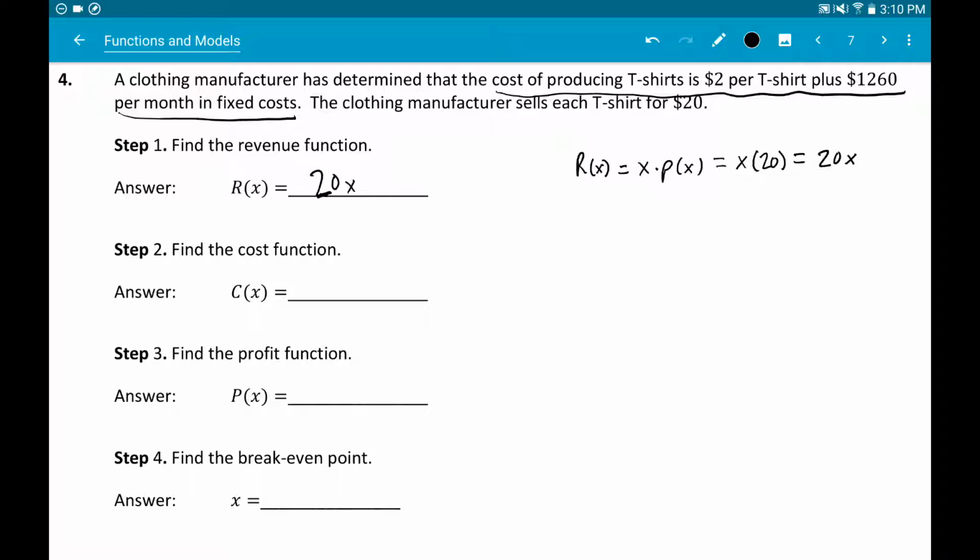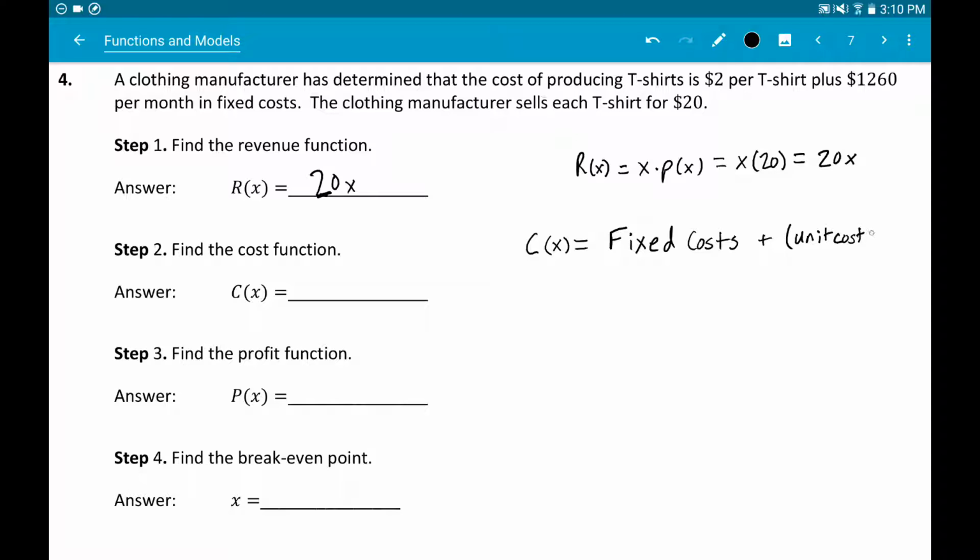All right, so to create the overall cost function, I'm going to give you a generic formula to use here. It's simply going to be your fixed costs plus your, again, I called it unit cost or per item cost. Sometimes you'll see books refer to it as a variable cost.